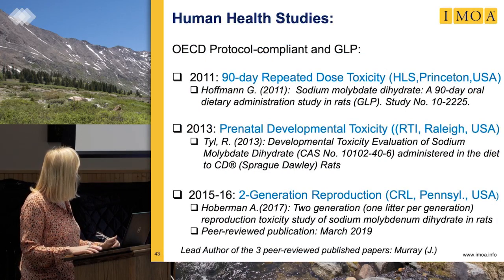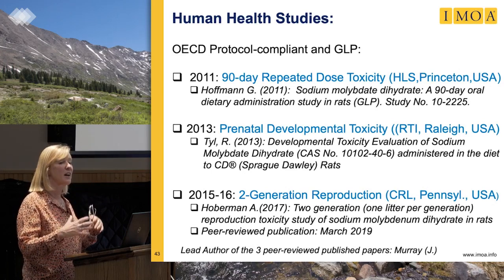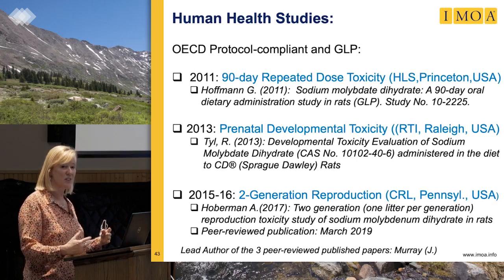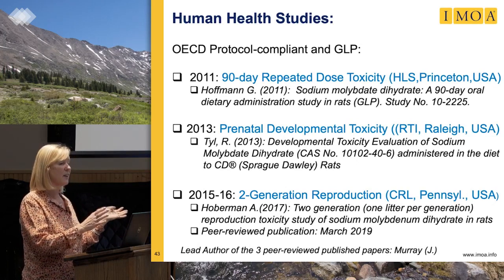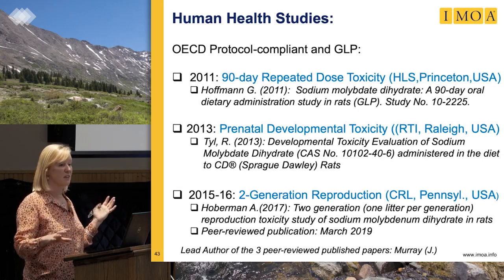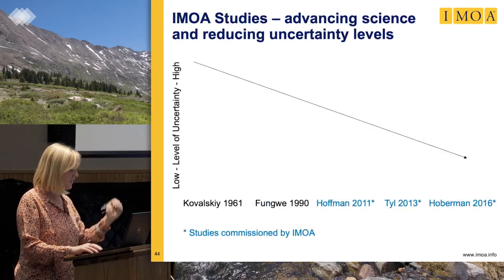Again, a quick screenshot, those are the 3 key studies that we have been talking about. Every time you do a study, we're trying to advance the science, to make sure it's robust and reliable. In doing that, we are decreasing the level of uncertainty about whatever one is investigating.